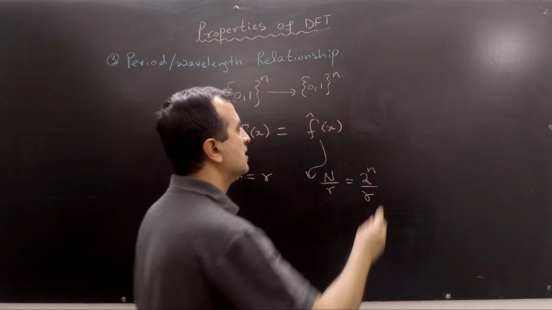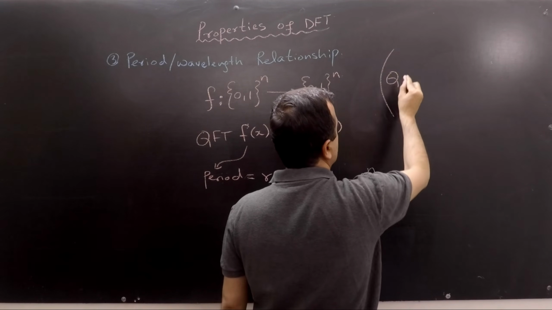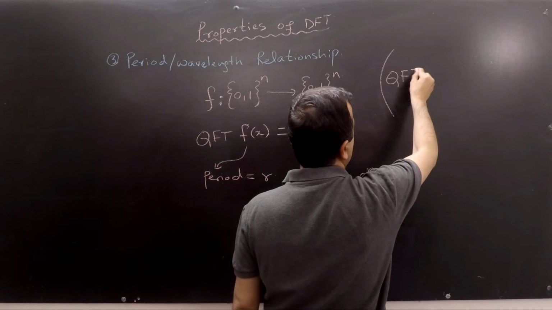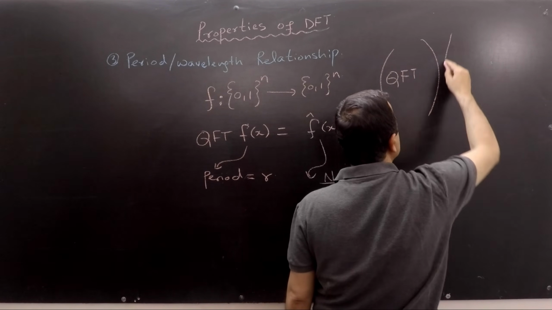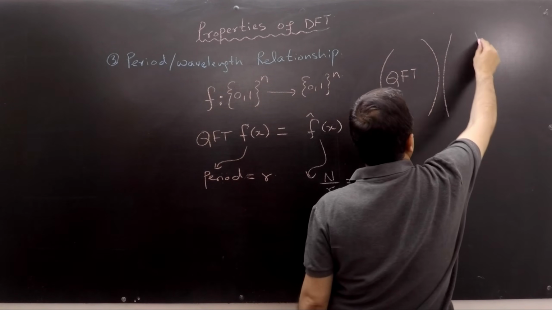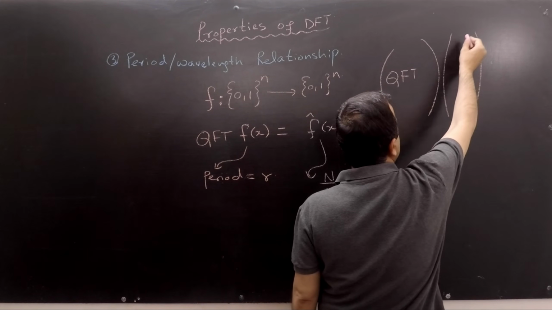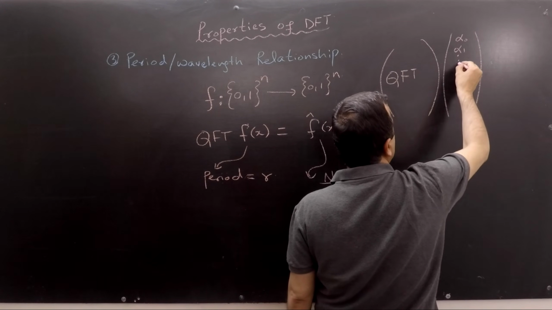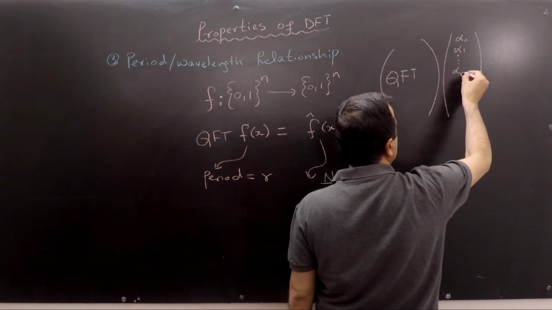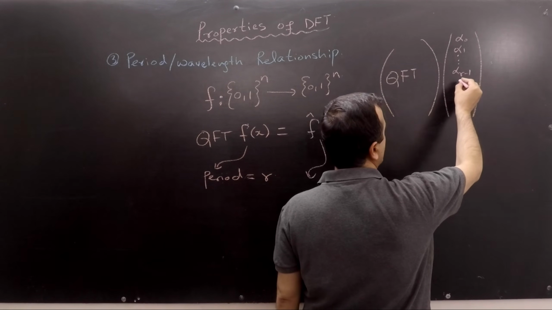So if I take the quantum Fourier transformation matrix, which is the same as the discrete Fourier transformation matrix, and I apply that on the range of my function f, the function which was periodic, so the range is going to be alpha 0, alpha 1 to alpha r minus 1, and then it will repeat itself because of periodicity.